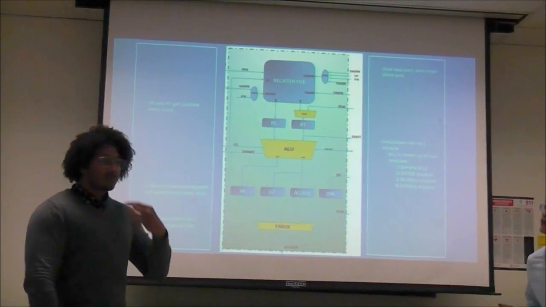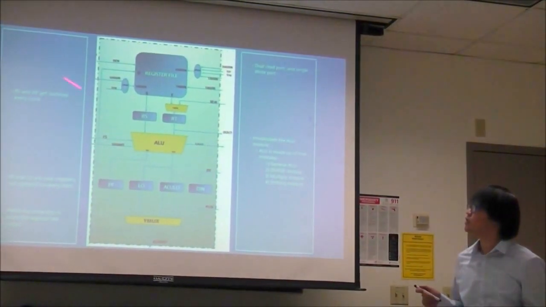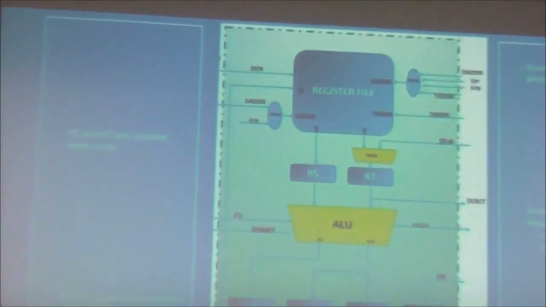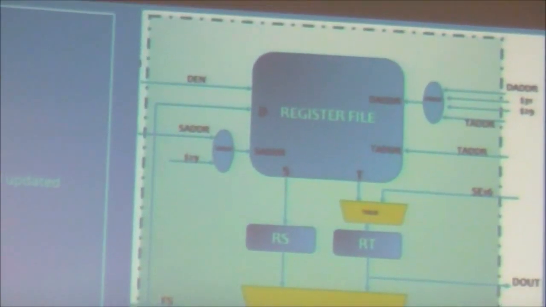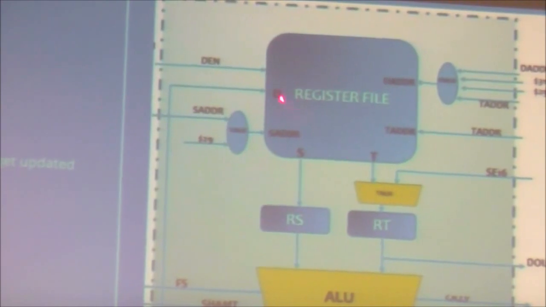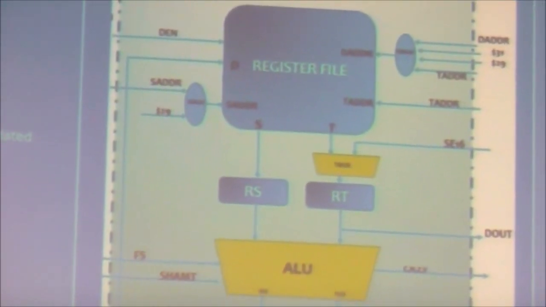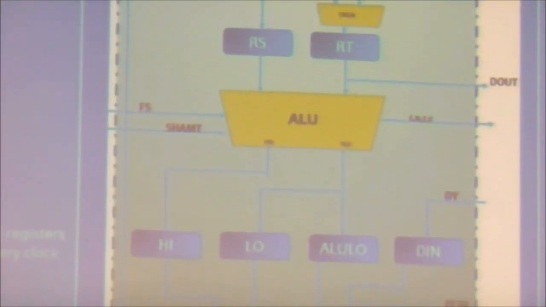So diving further into the schematic, there is our IDP module, which consists of the register file, the ALU, and the YMUX, and also little register files in between. For the register file, what we have is a dual read port and a single write port. If we have any less than a dual read, then we'll require more clocks.